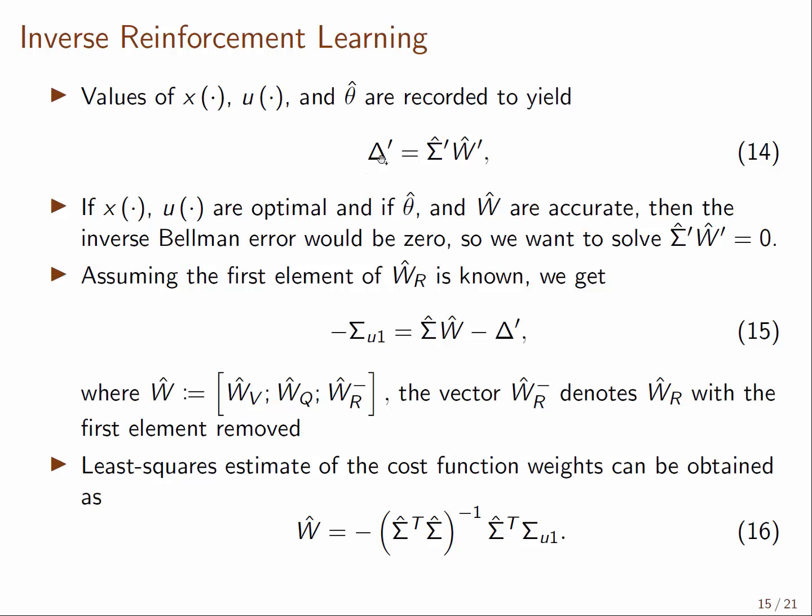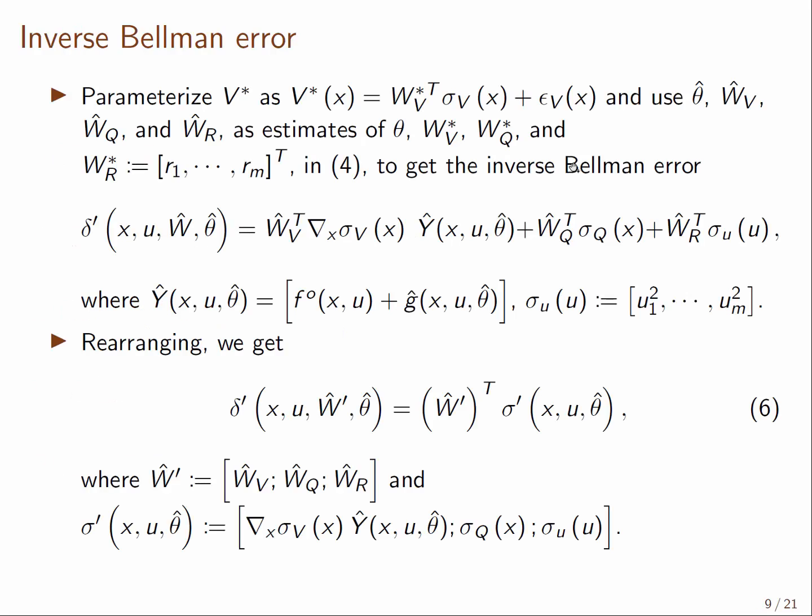Now this delta primed is just values of the inverse Bellman error, which was little delta, stacked in a vector. And similarly, this sigma primed is just the values of little sigma primed also stacked into a vector. So 14 is just a multiple measurement vectorized version of equation 6 over here.